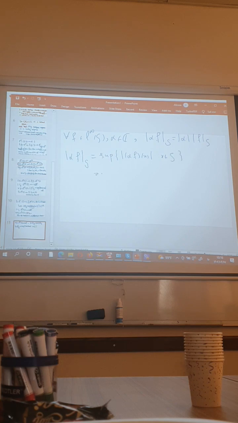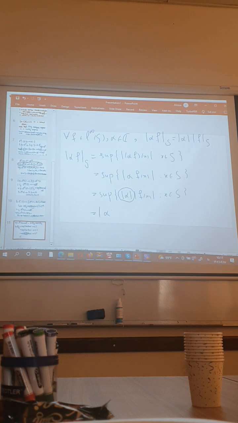And this is equal to the supremum of the absolute value of alpha f(x), which is the definition of alpha f(x), such that x belongs to S. And we can take this fixed number alpha out of the supremum.